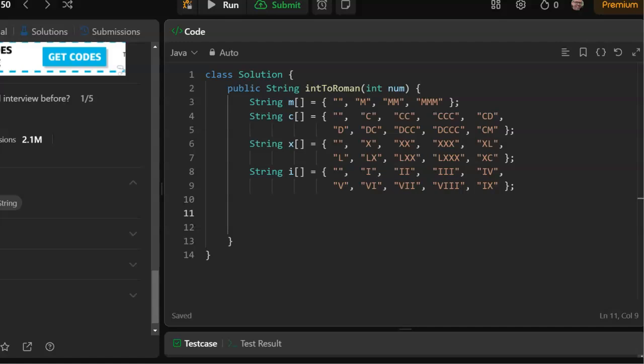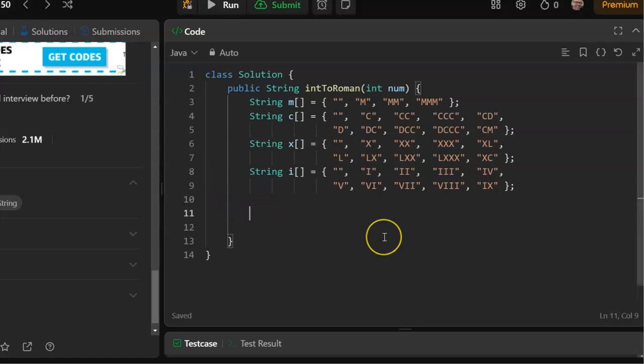So we have the thousands. We've written out all the hundreds, including the exceptions. Yeah, 2 exceptions. So 400, 900 are exceptions. We've written out all the tens, and we've written out all of the ones, the single digits. All right.